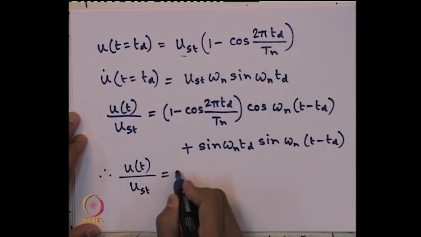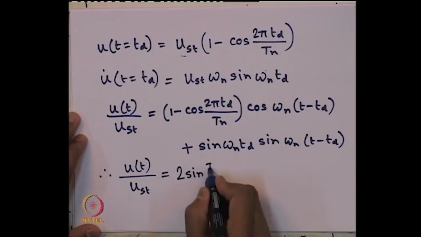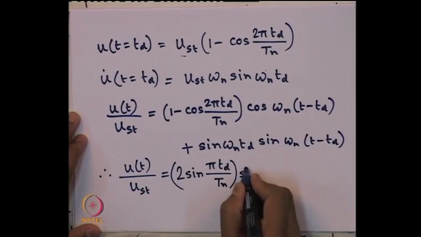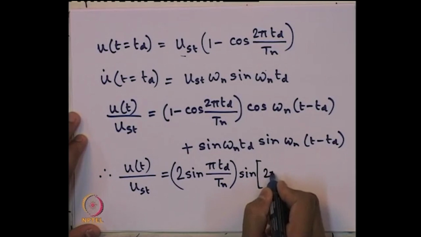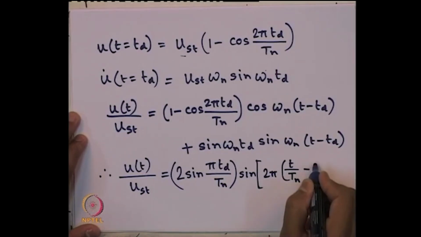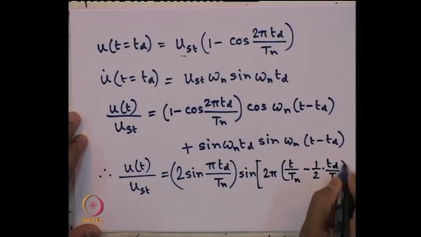We can simplify it and rewrite it as 2 sine of pi T d by T n, times sine of 2 pi times t by T n minus half of T d by T n.